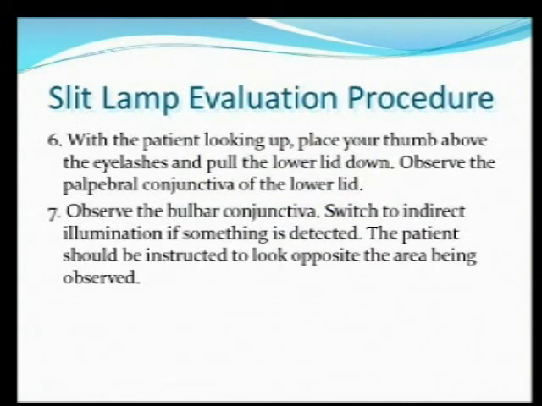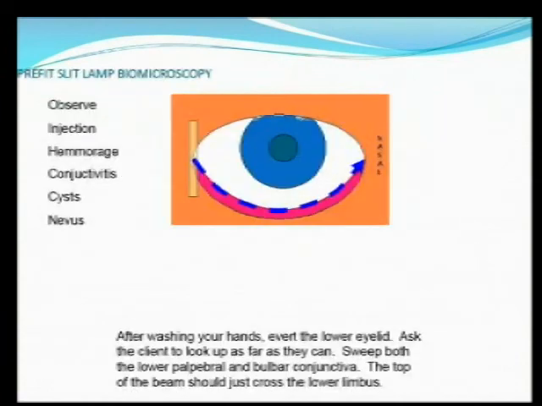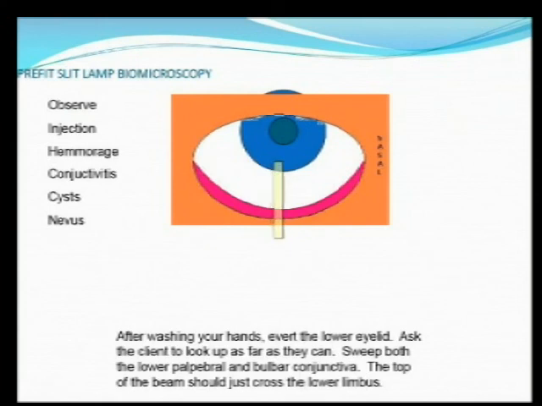All right, from there, you're going to have the patient look up, take your thumb, and pull the lower lid down so you can look at both the lower palpebral conjunctiva and the lower bulbar conjunctiva as you make that sweep. So they look up, you pull the lower lid down, and as you're sweeping, again, midpoint, light source goes back over to the other side.